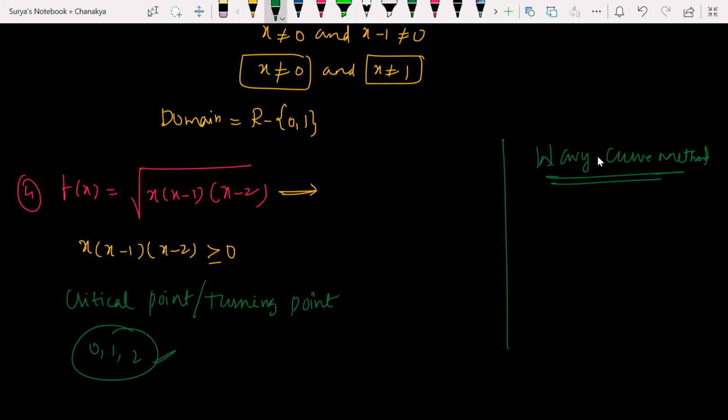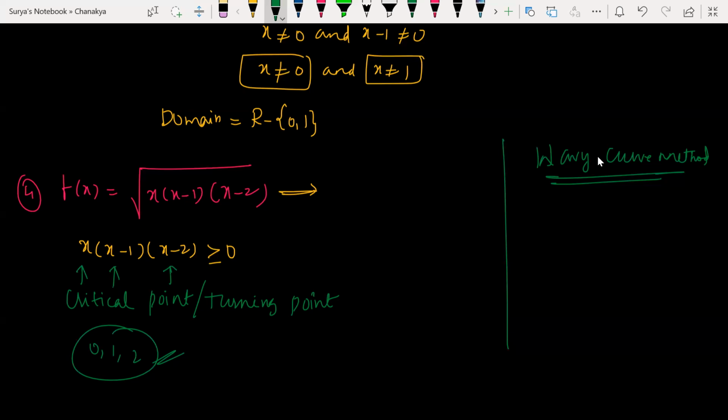If I substitute 0 here, the entire expression becomes 0. If I substitute 1 also, the entire expression becomes 0. If you substitute 2 also, it becomes 0. So these are my critical points. Critical point and turning point are both the same. I'm introducing critical point and turning point for the first time.